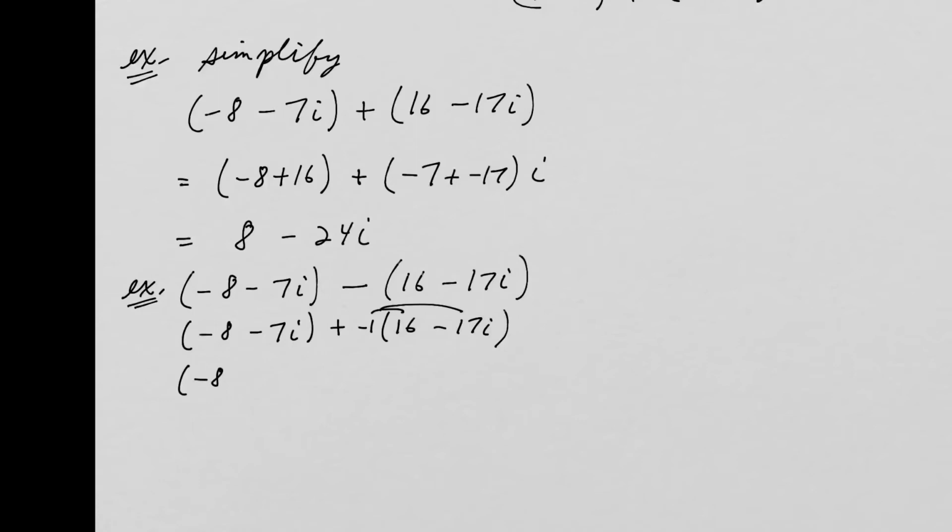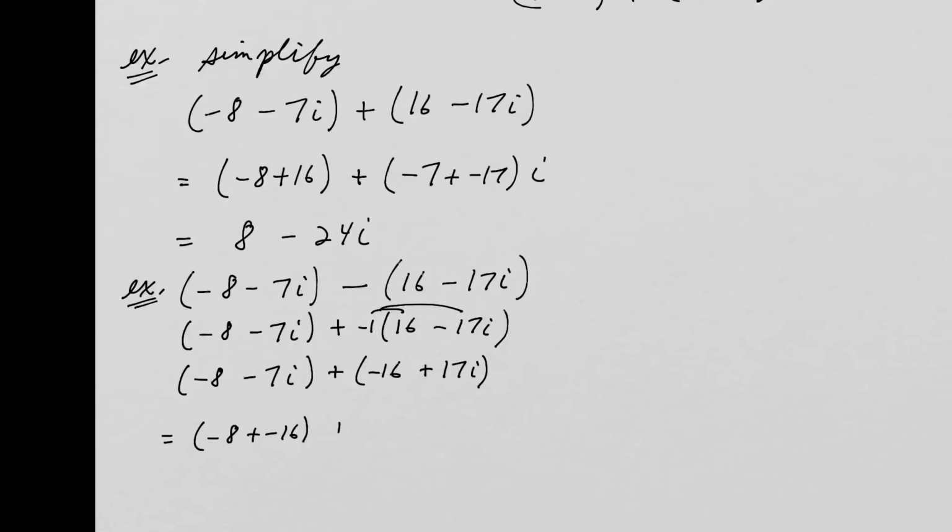So now I have -8 minus 7i. Then a -1 times 16 is -16. -1 times -17 is plus 17i. And now it becomes an addition problem, right? So it's going to be -8 plus a -16, right?